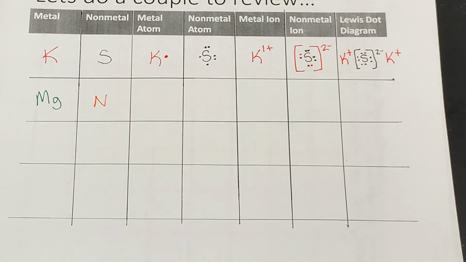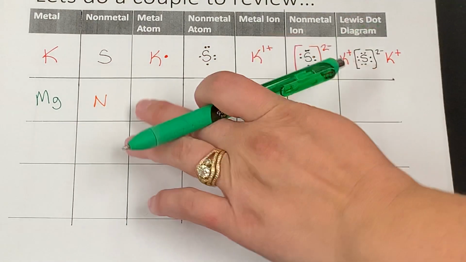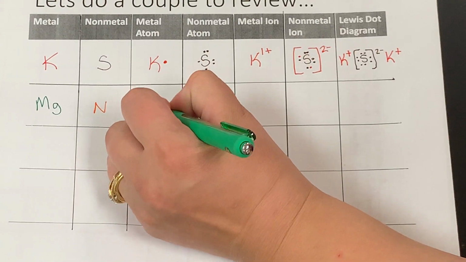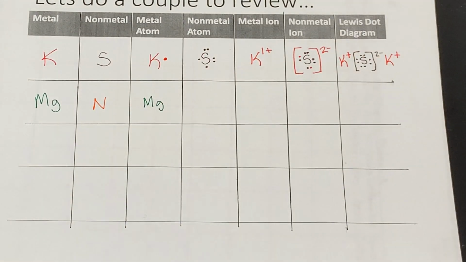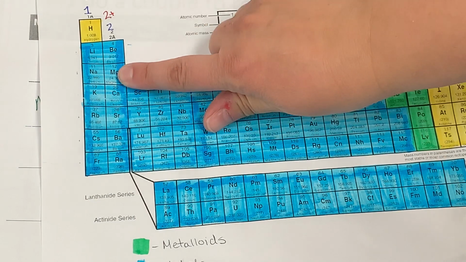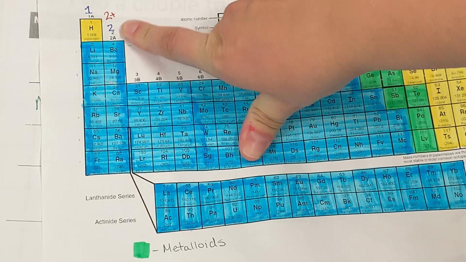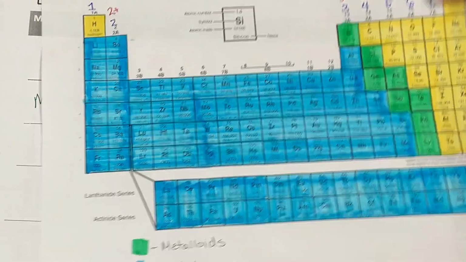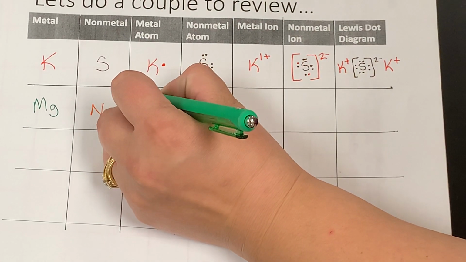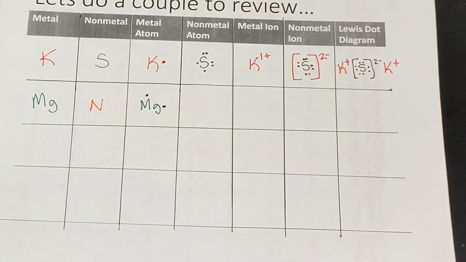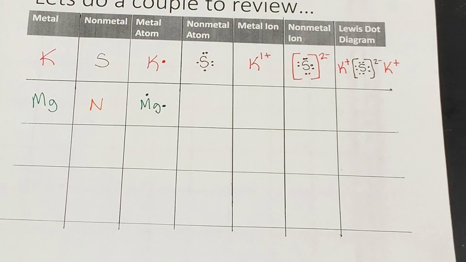Okay, let's start with our metal atom. So let's draw the symbol, and now we need the valence electrons. So I'm going to find magnesium. He's right here, group 2 element. So he has a total of 2 valence electrons. So we are going to do 1, 2. Remember, they can't be paired. They have to be in separate locations.